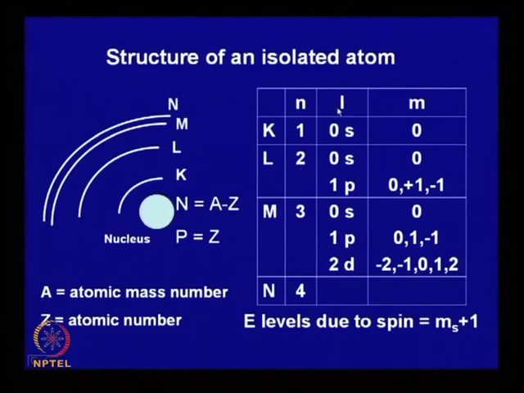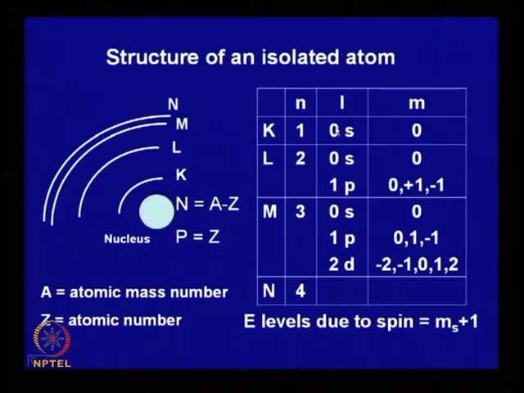The azimuthal quantum number is 1 less than the principal quantum number. For K, you have 1 orbit, this number is 0. The magnetic quantum number is also 0.